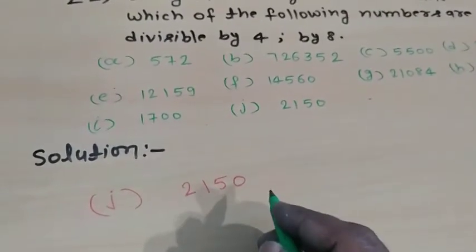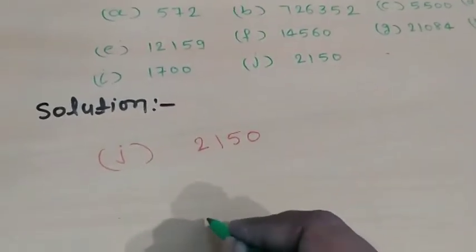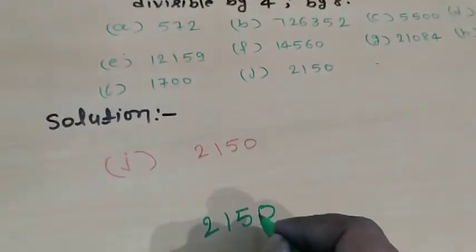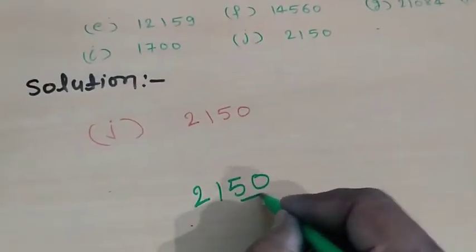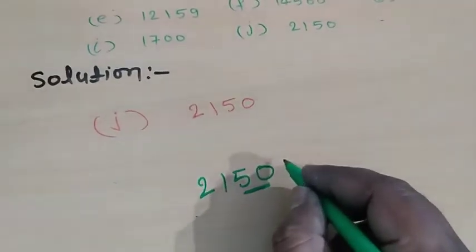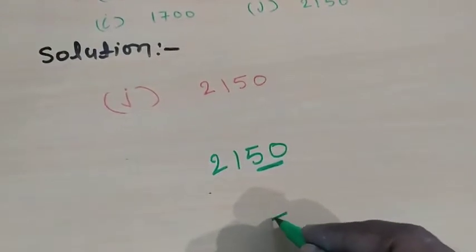2250. So first we check divisible by 4. So the given number is 2250. For divisibility by 4, we check the last 2 digits. If the last 2 digits are divisible by 4, then the given number is divisible by 4. You can see here the last 2 digits are 50.